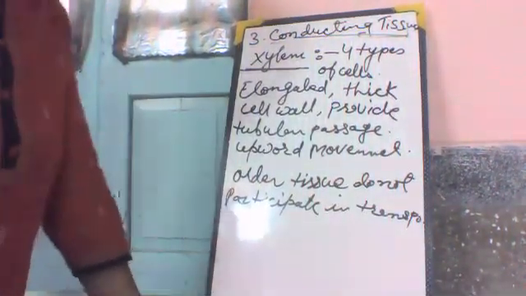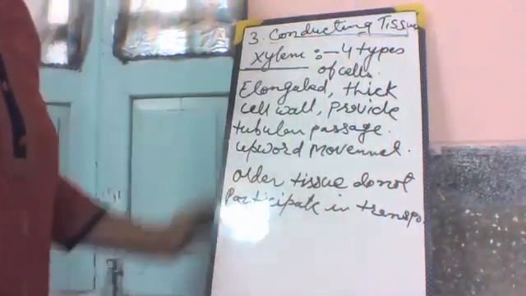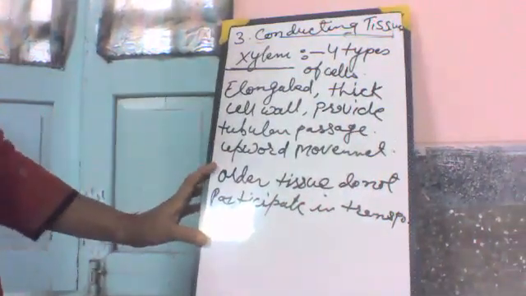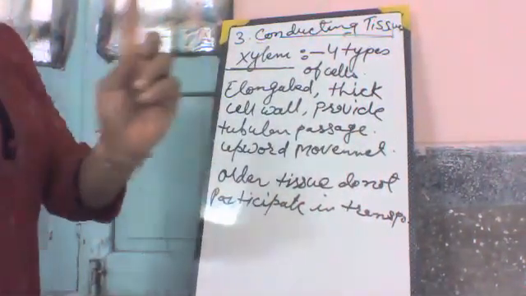Older tissues do not participate in transportation; they become wood. These older tissues become wood and form a layer of wood around the stem.